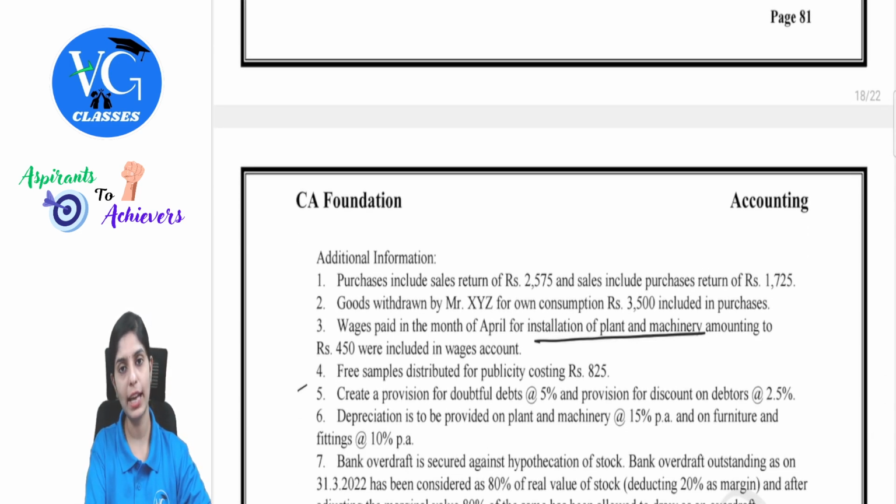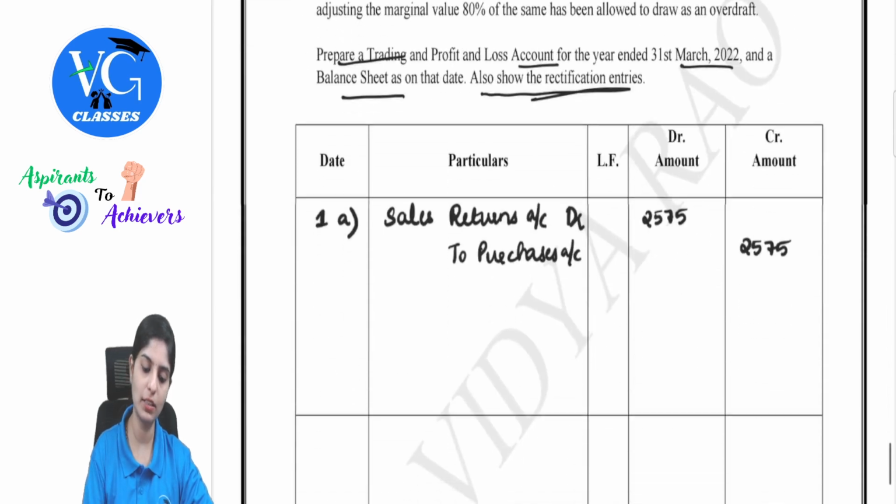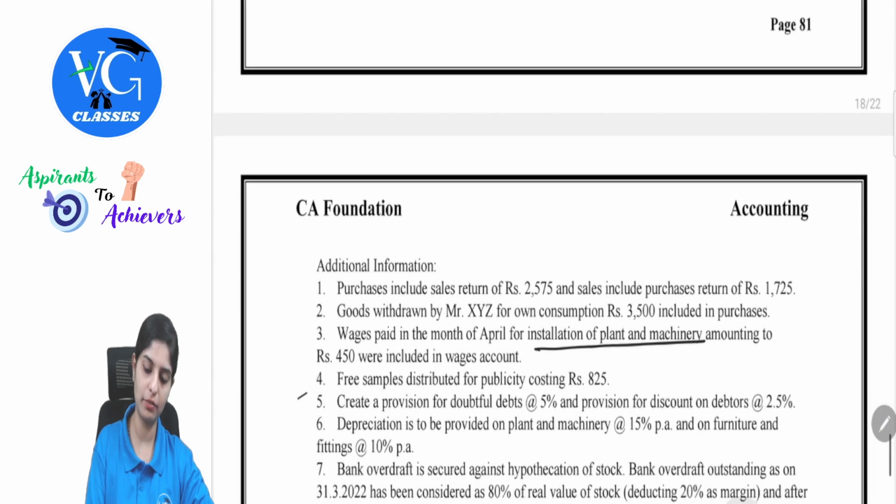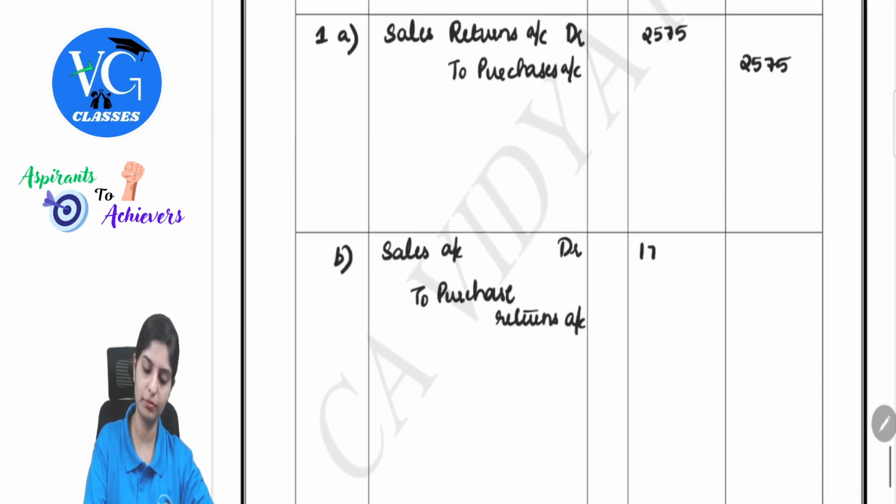Sales should not have included purchase return, so we have to eliminate it. Sales will be credited, so if we have to remove the balance, we will debit. And purchase returns need to be created, so we will credit. Sales account debit to purchase returns account. How much? Being 1725.